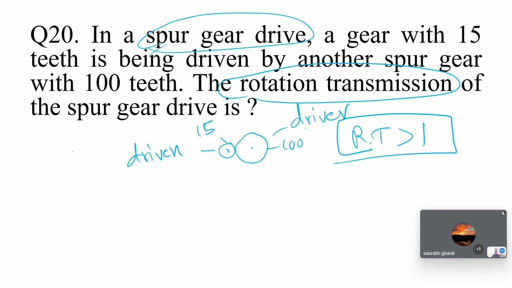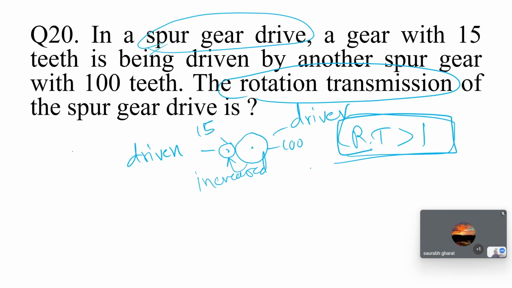Why? Because your driver has 100 teeth, and the driven has only 15 teeth. So the rotation will be increased, hence the rotation transmission will be increased, so it will be more than one.